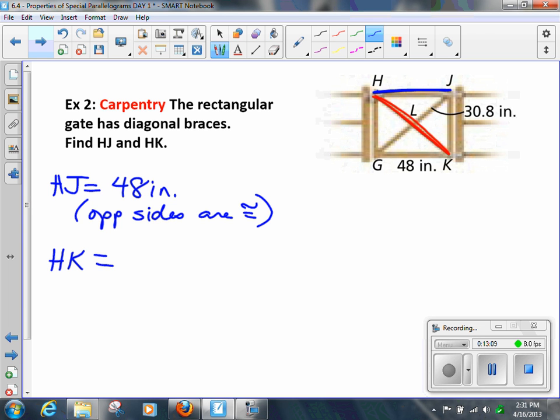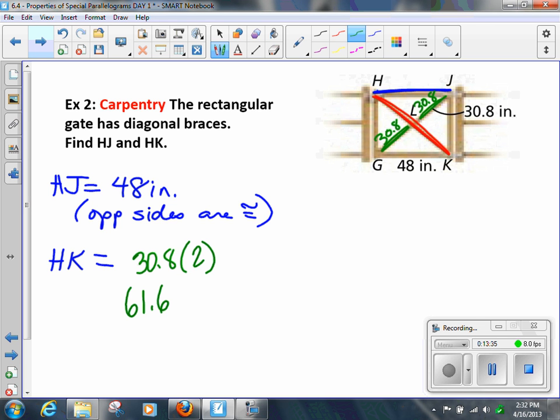So you're saying that if this little piece is 30.8, then this little piece is also 30.8? And 30.8 times 2 is what? 61.6, which is going to be the length of GJ.